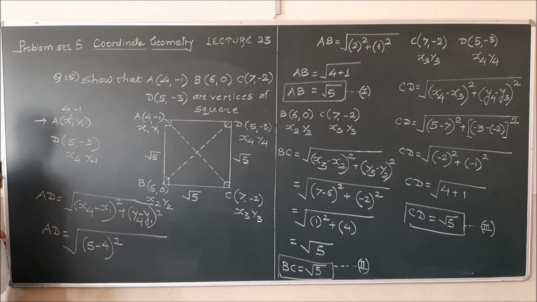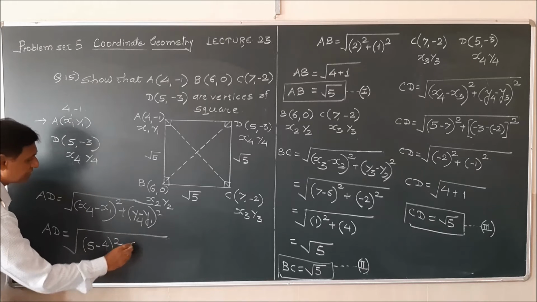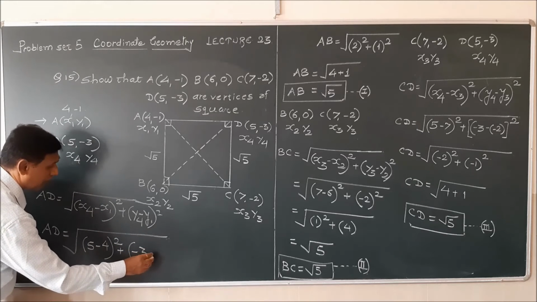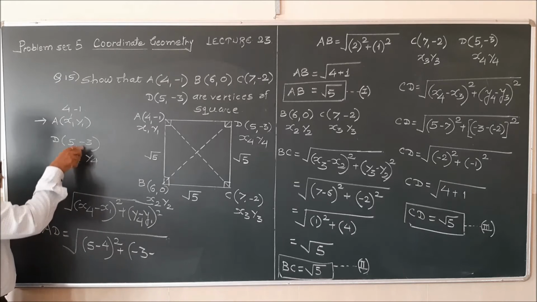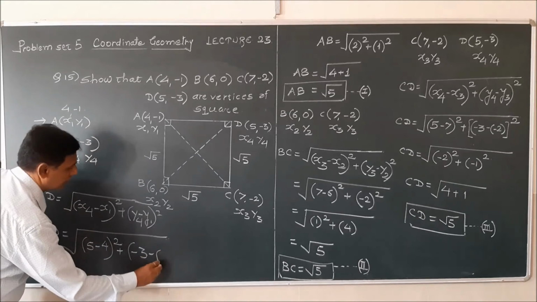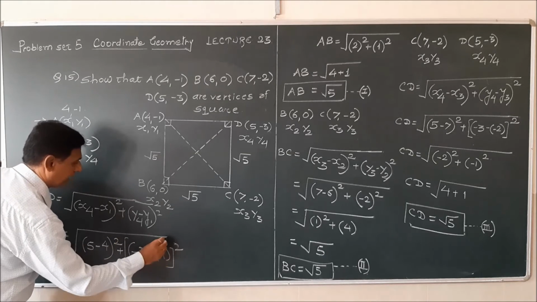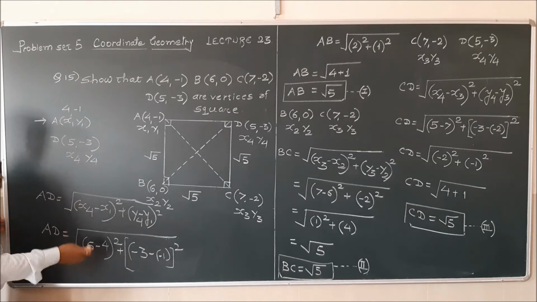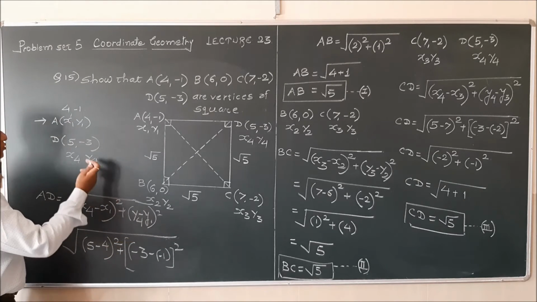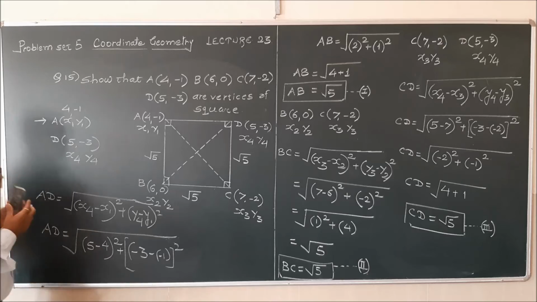Be careful. Minus 3 minus, very important, minus of minus 1, of course in a square bracket. x4 minus x1, that is 5 minus 4 the whole square, plus y4 minus y1, that is minus 3 minus 1, minus 6 plus. Now let's see what we get. The next one.